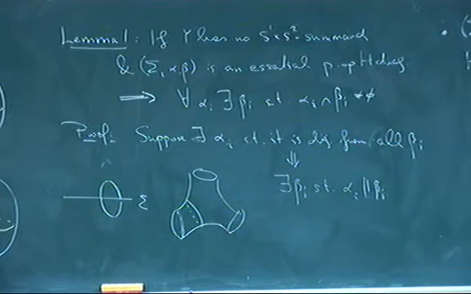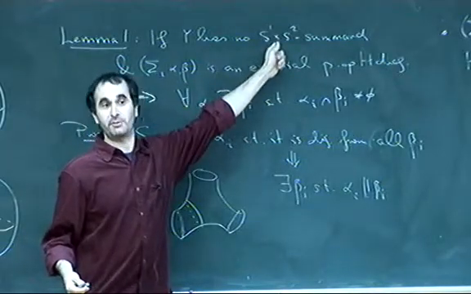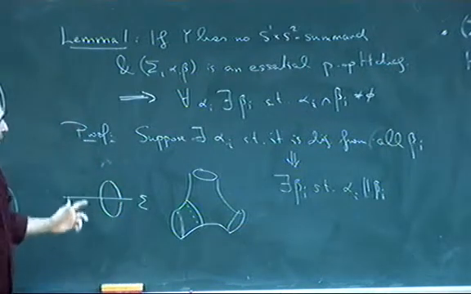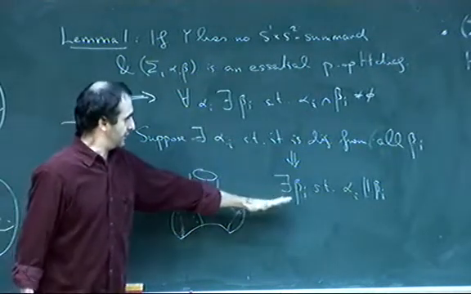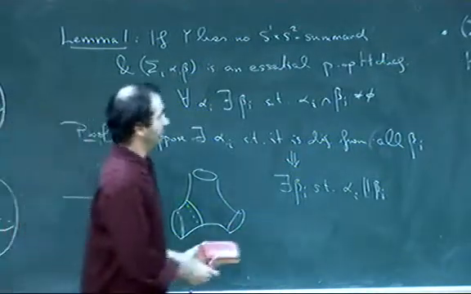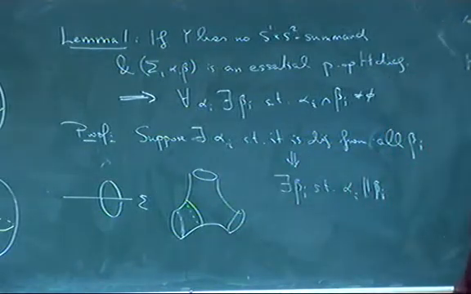So altogether, I get a homologically essential S1 cross S2, which will produce an S1 cross S2 summand in the 3-manifold, which is forbidden. So it's impossible to have an alpha curve which is disjoint from all the betas.